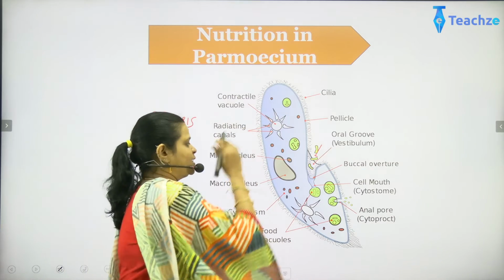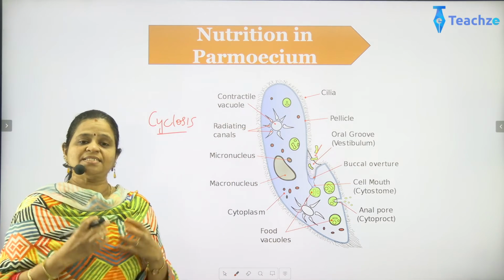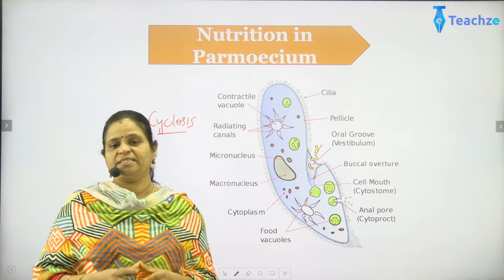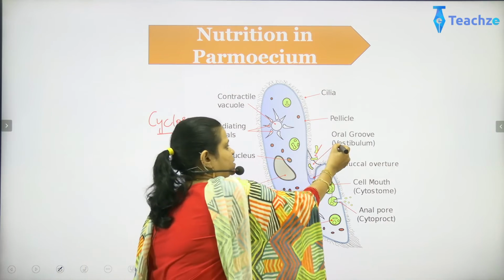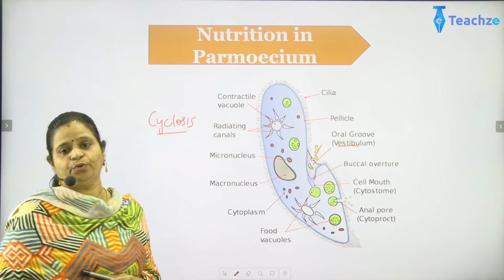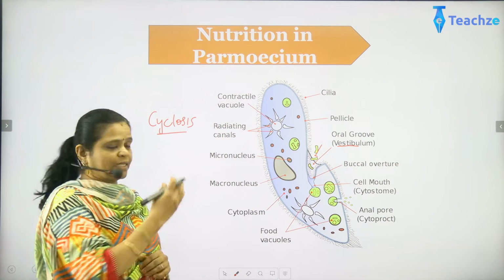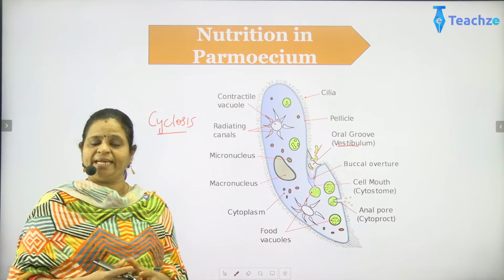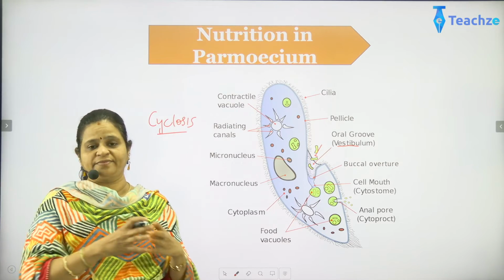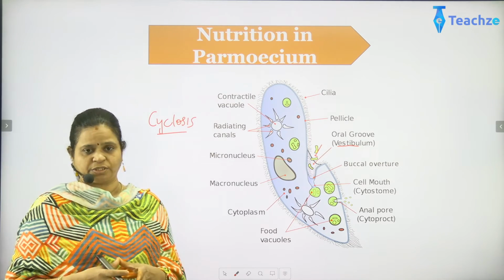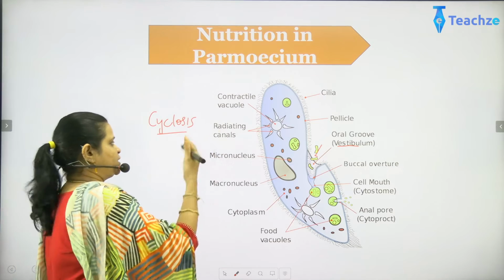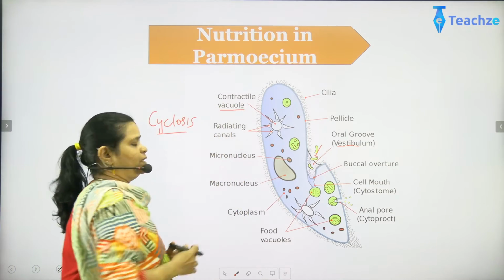You have cilia as the locomotory organs, and cilia will guide the food particles inside this particular place, which is the vestibulum or the oral groove. Now food will be circulated inside the body and slowly it will follow the 5 steps of this nutrition. Finally, the food is ejected out by means of a contractile vacuole.